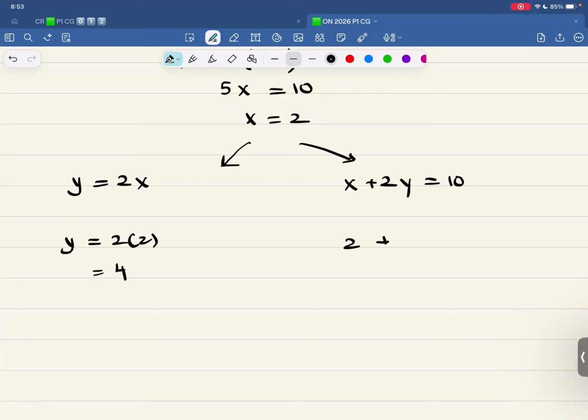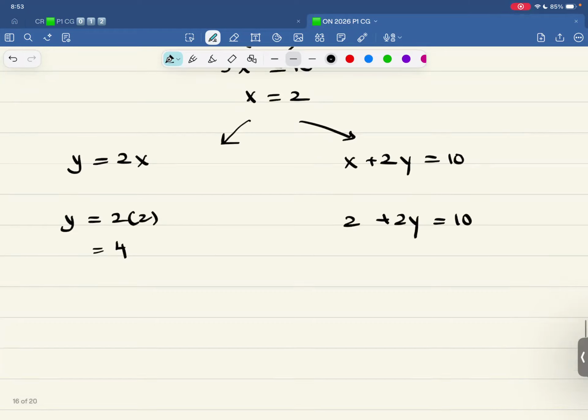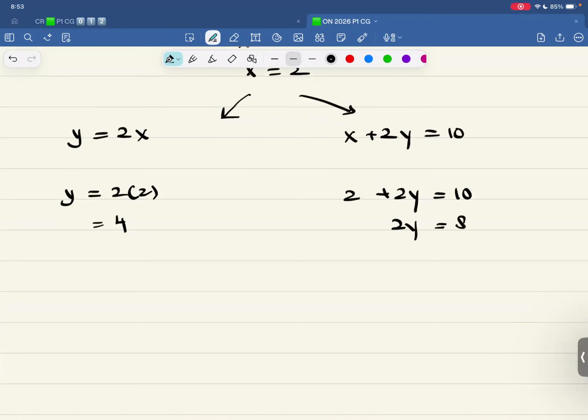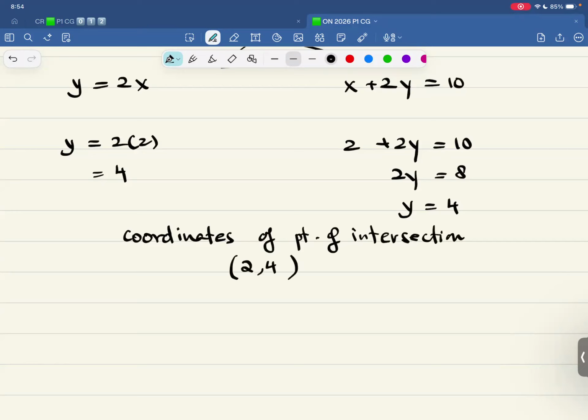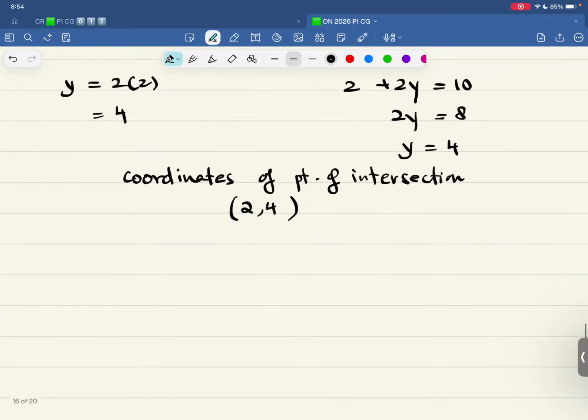And 2 + 2y = 10, 2y = 8, therefore y comes out to be 4. Therefore, the coordinates of the point of intersection, both x and y, are (2, 4). All good, all clear?